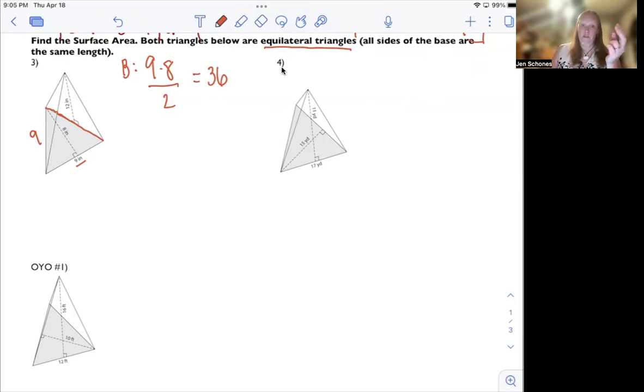Now, oh, I forgot to mention this. There are 2 different types of height in this problem. Okay, so if you look at this triangle right here, the base, the base. This is the height, okay, because it makes the little H. All right, and I'm going to draw a little arrow, and I'm going to call this the base height.